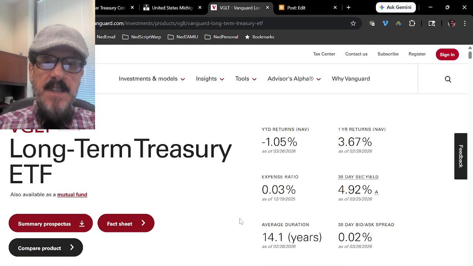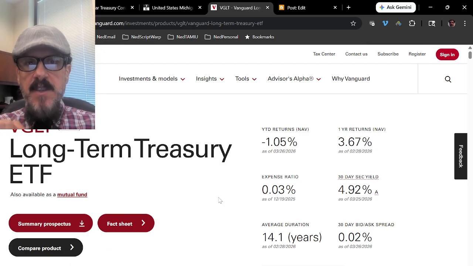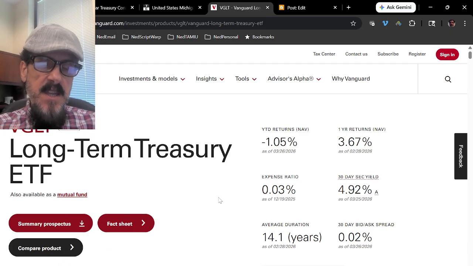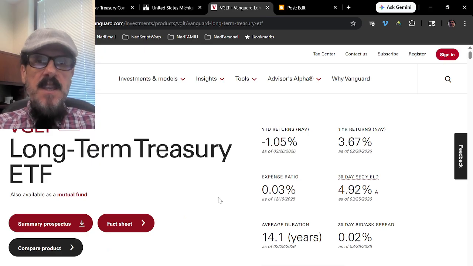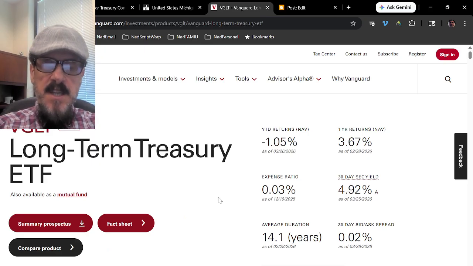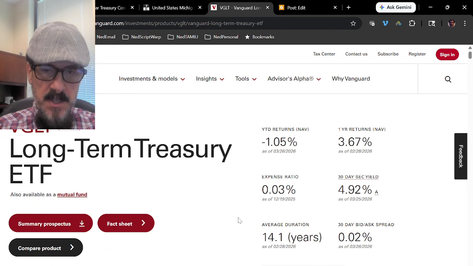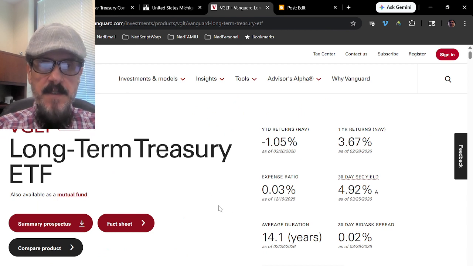The VGLT has, in fact, what's called the average duration, which is not actually the average maturity. The average maturity of the VGLT is a little over 20 years.